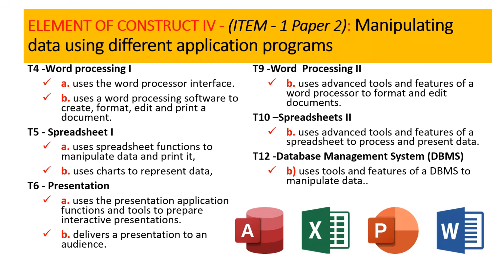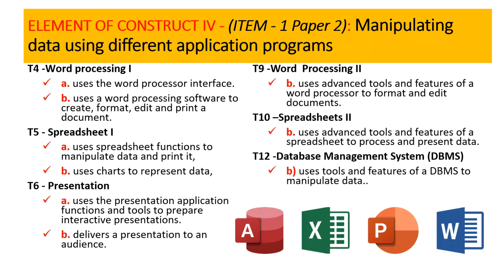So more to that, item 1 is taken from the following topics. Topic 4, word processing 1. Then topic 9, word processing 2. Topic 5, spreadsheet 1. Topic 10, spreadsheet 2. Topic 6, presentation. Then topic 12, database management system. Those are the 4 applications where a candidate is manipulating data from.